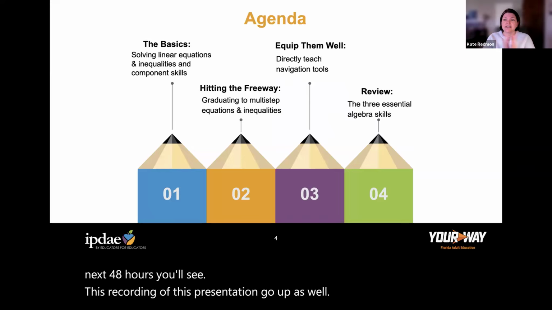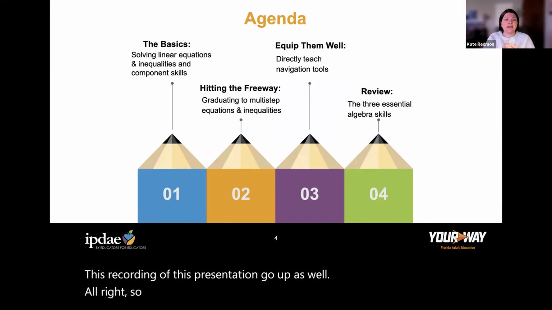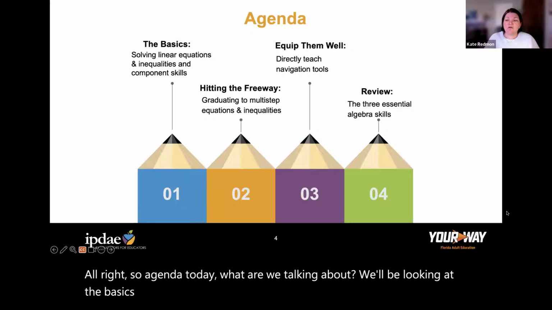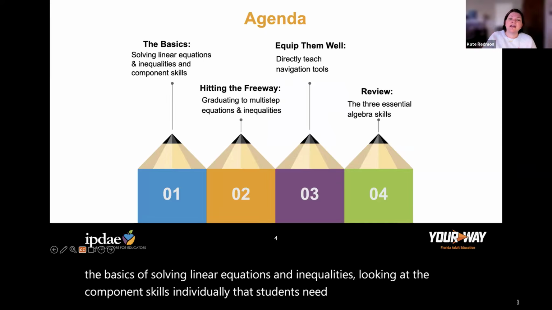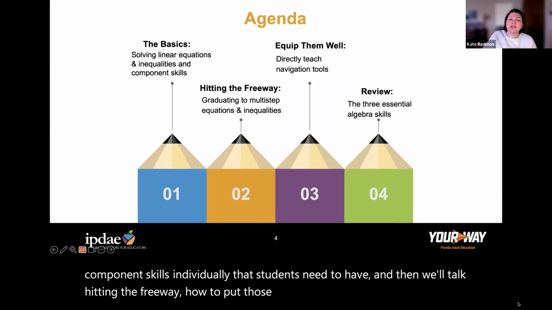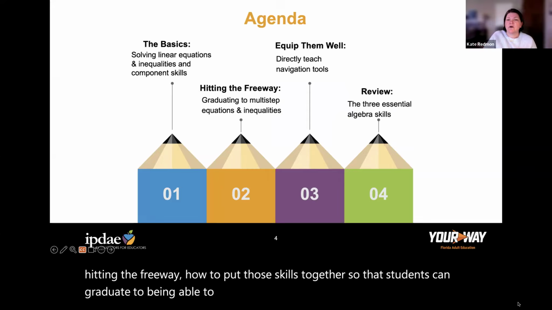All right, so agenda today, what are we talking about? We'll be looking at the basics of solving linear equations and inequalities, looking at the component skills individually that students need to have, and then we'll talk hitting the freeway, how to put those skills together so that students can graduate to being able to solve multi-step equations and inequalities.